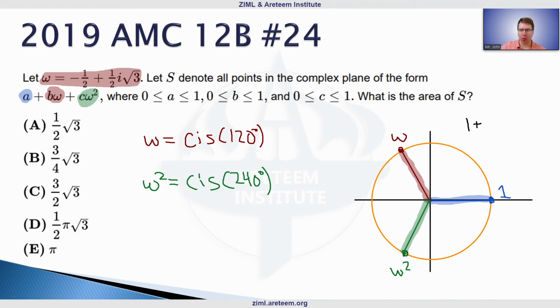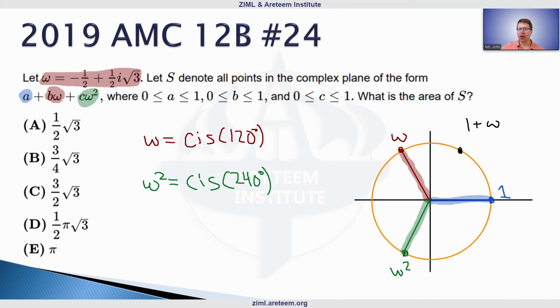So for example, where would 1 plus omega be? Now, a couple of ways to do this. You could do this with rectangular form, negative 1/2 plus 1/2 i root 3. That becomes 1/2 plus 1/2 i root 3. So from there, we can see that this point is going to be somewhere up here. But I want you to start thinking about these in terms of our combinations.